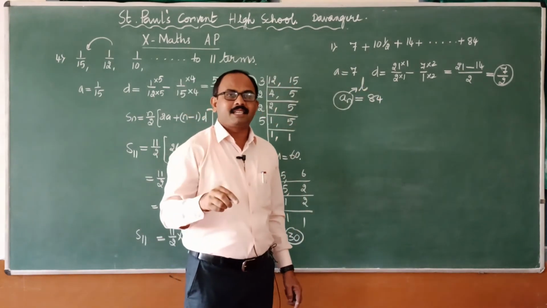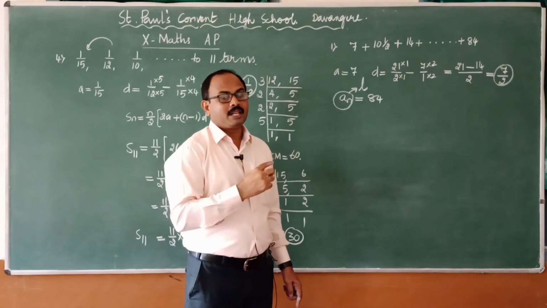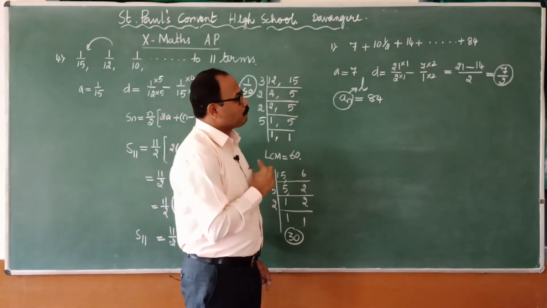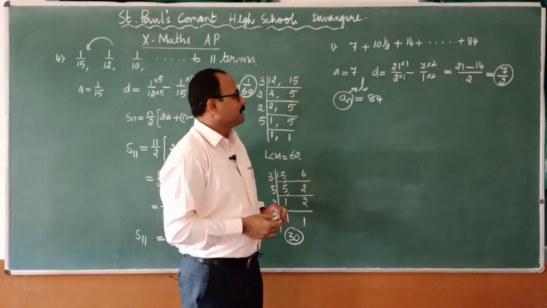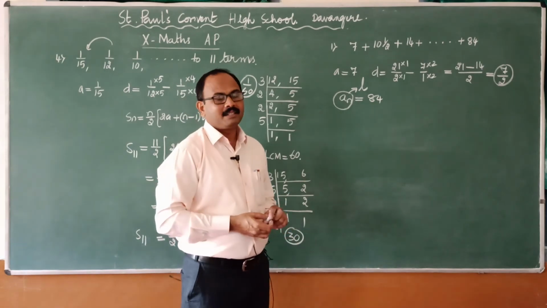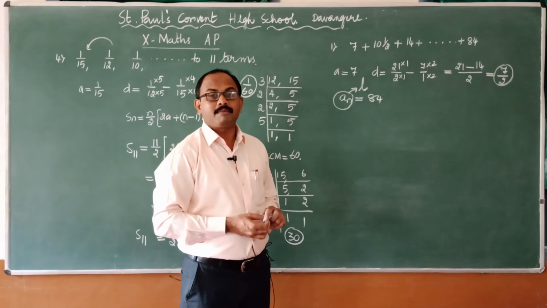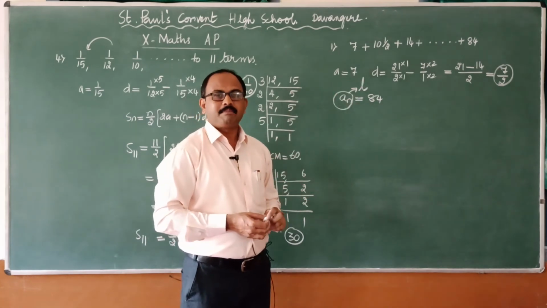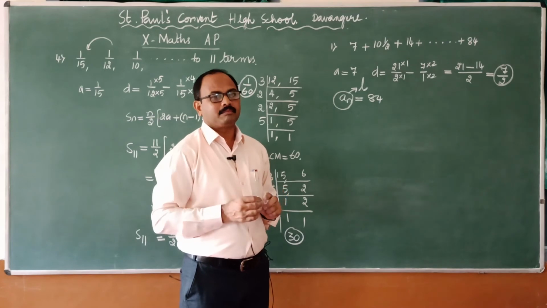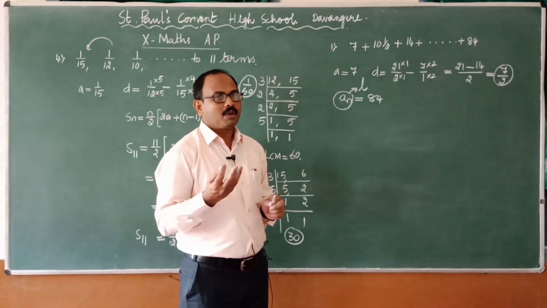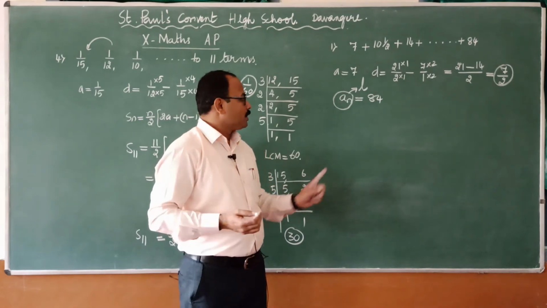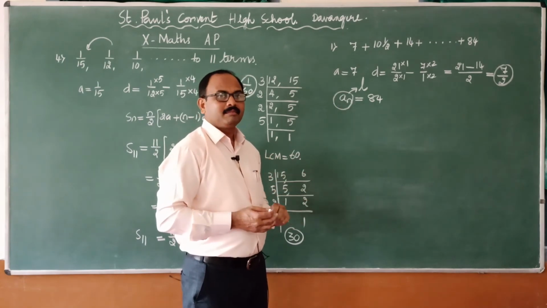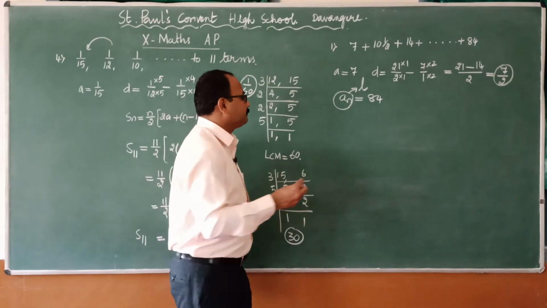This AN is nothing but the last term. Since the last term is given, we shall carry on with the last second formula, children. But one thing in this, we do not know the number of terms. The statement says, find the sum. We do not know n. Therefore, using this an formula, first calculate n, then go for Sn.